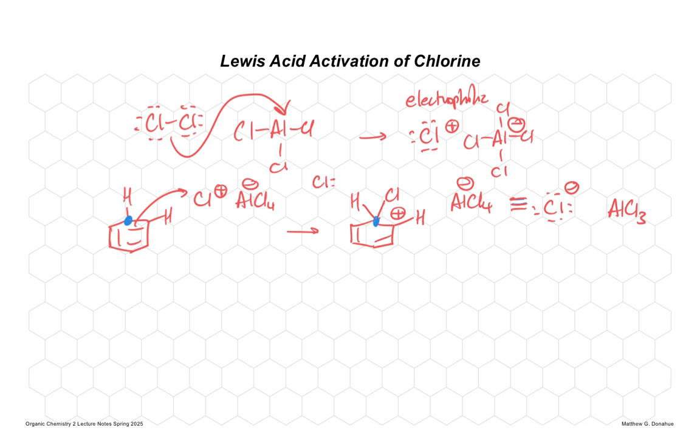So Cl minus can abstract that and do an elimination, which restores the aromaticity on the ring. And so we remove that H. This has a word called ipso, so ipso substitution.